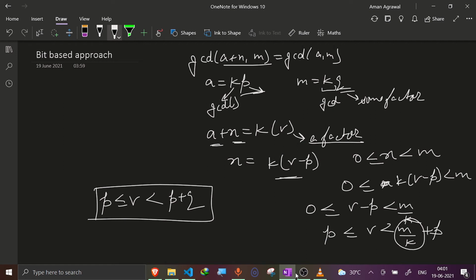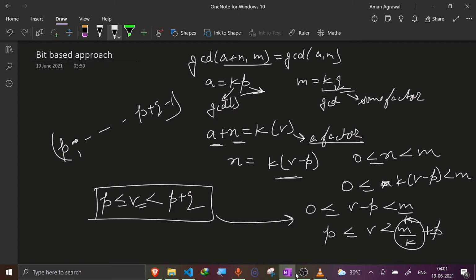Now basically here it's just that I need to find all the numbers from p to p plus q minus 1, and for every r I would get some x, and that x has to be valid.